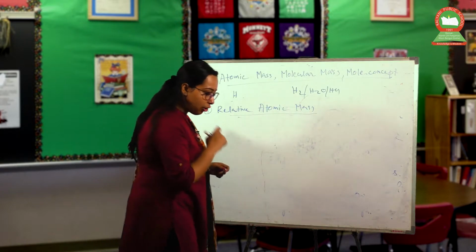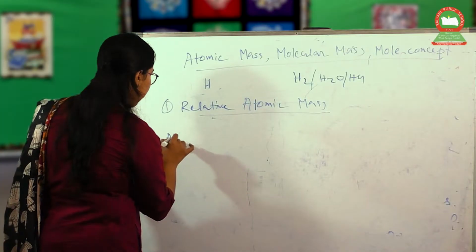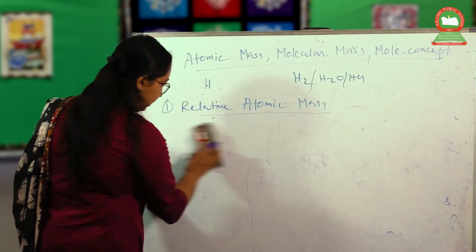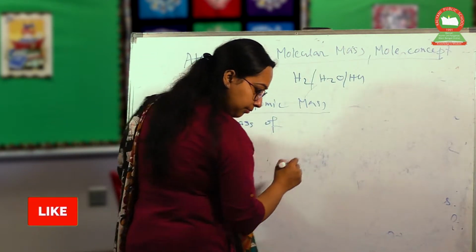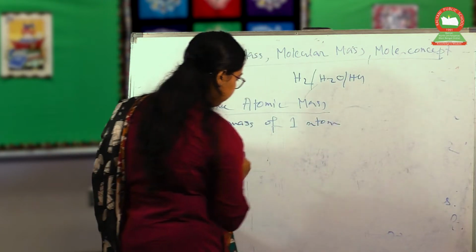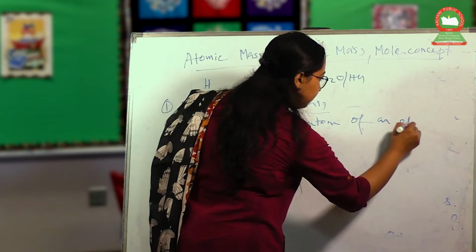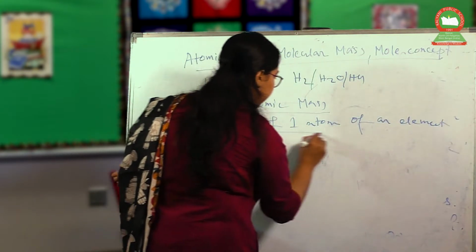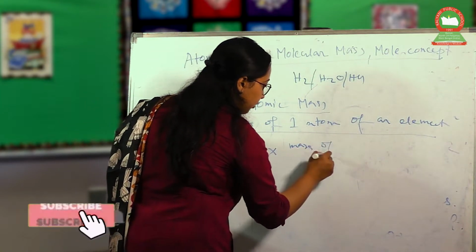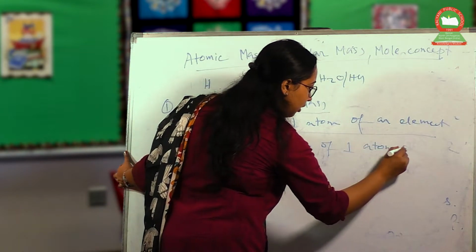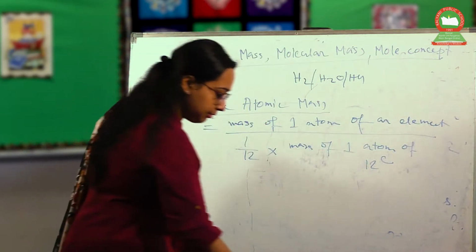This is the equation of relative atomic mass: relative atomic mass is equal to the mass of one atom of an element divided by 1/12 of the mass of one atom of 12C, that means the carbon-12.